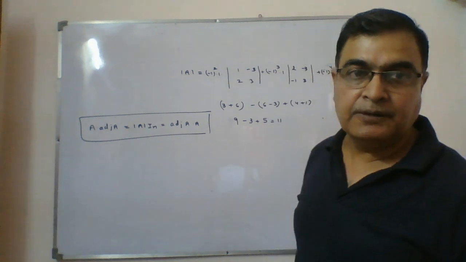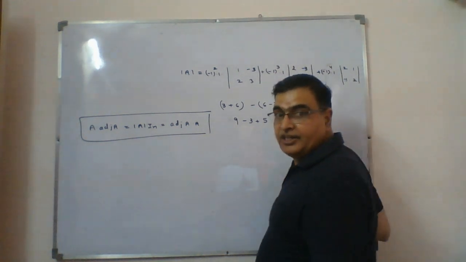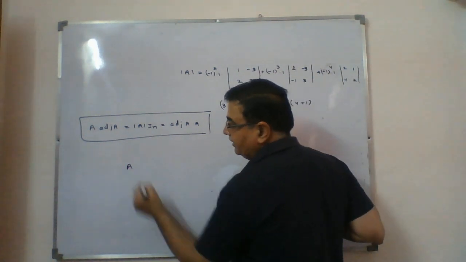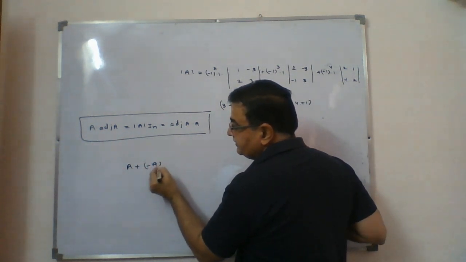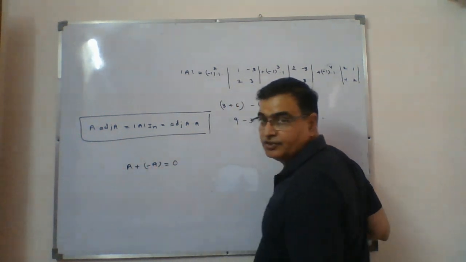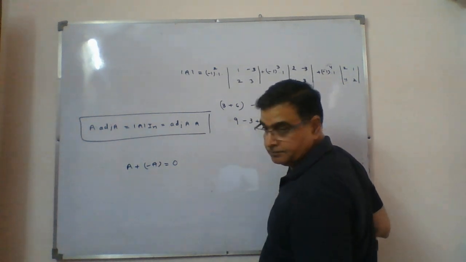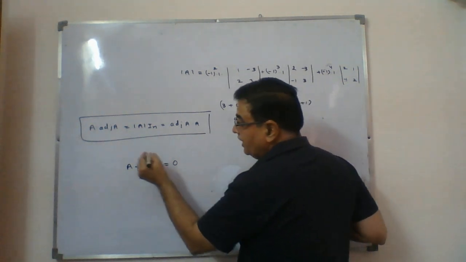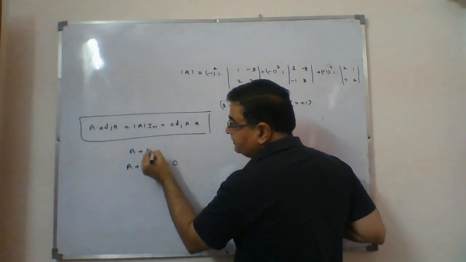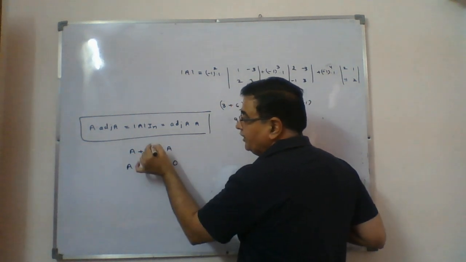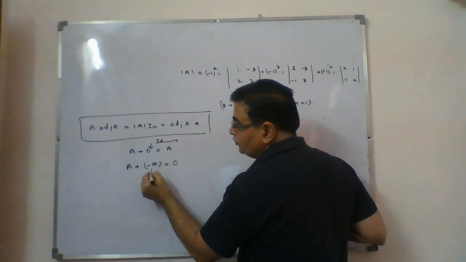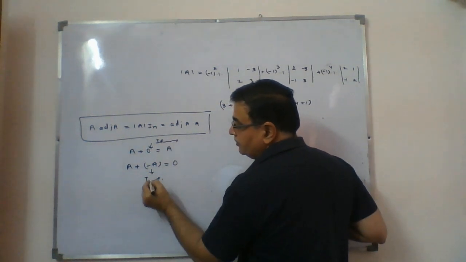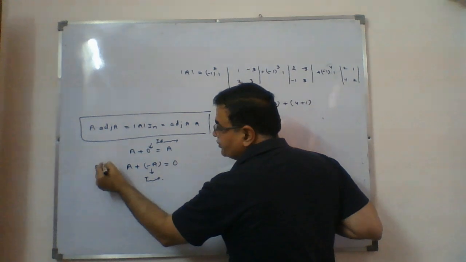If you remember, I told you about the additive inverse in the beginning. I told you A plus minus A will give the null matrix. This was for addition. And one more property, A plus null matrix is A. So I told you this was the identity and this was the inverse, for addition.